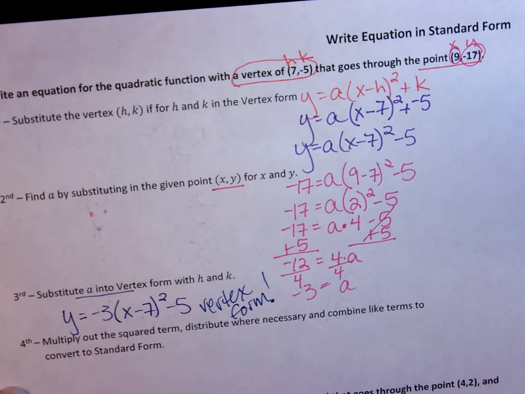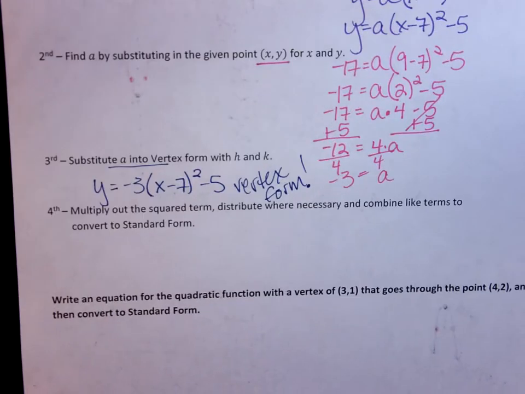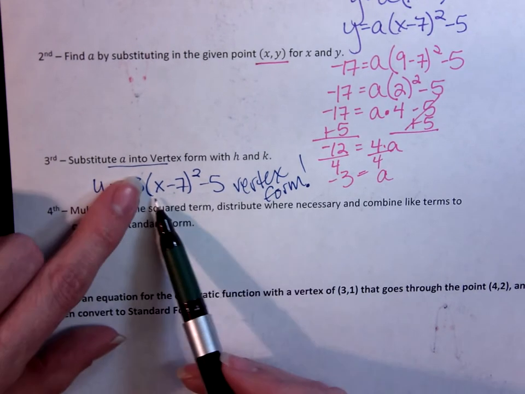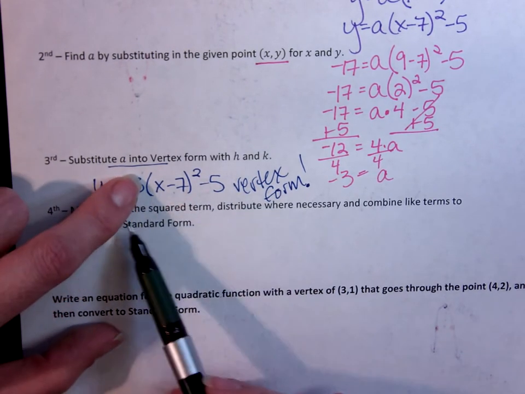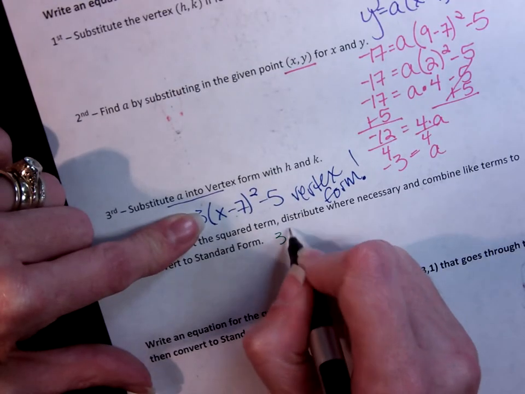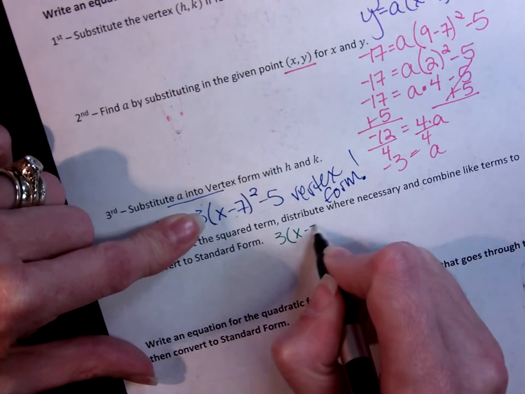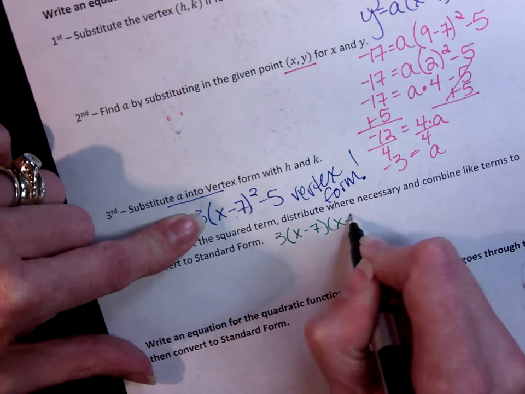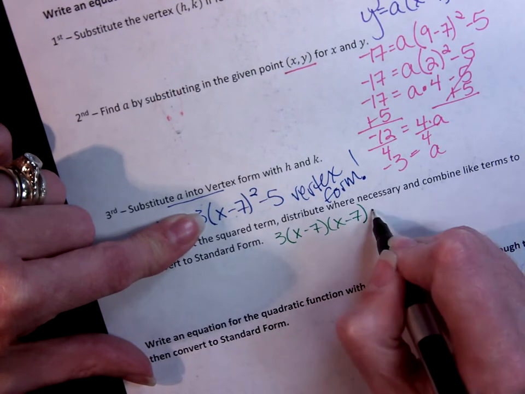Okay. To convert from vertex to standard form, we just follow the rules of algebra. So we always are going to have this squared term right here. We need to multiply that out. So I've got 3 times x minus 7, x minus 7, and then minus 5.